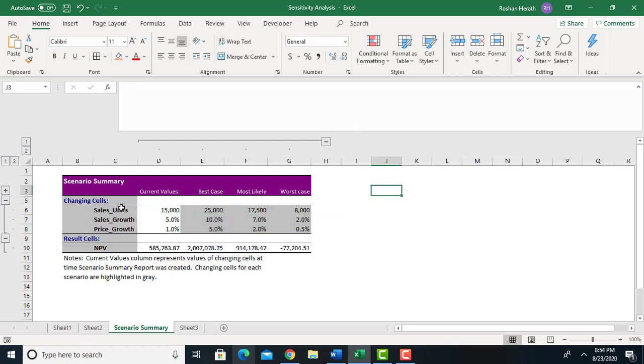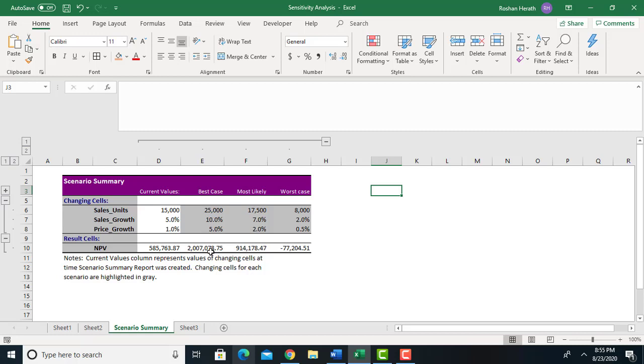See, this is the benefit of using range names for the sales. You can see that sales unit, sales growth and price growth are appearing. Otherwise it comes as B5, B6 and B11, which is meaningless. But here it carries a meaning, and also the result cell we have named NPV, otherwise it would say B26 or something. It would be meaningless. Now it is quite meaningful.